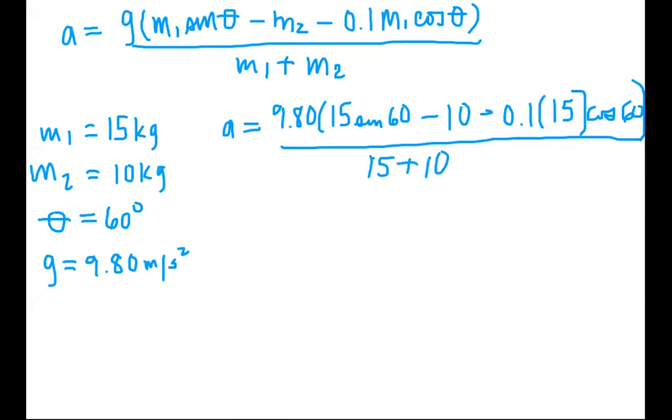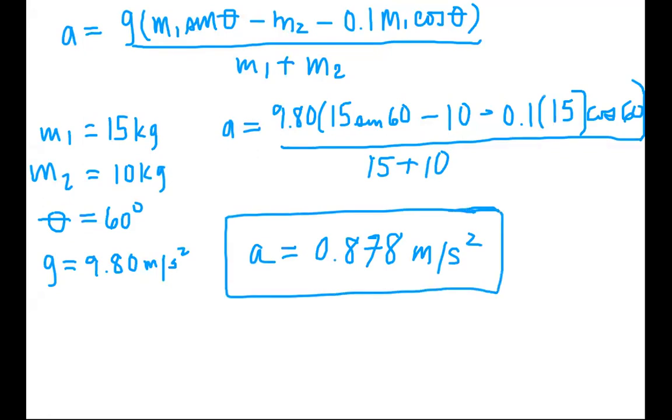I just plugged the values into the variables from the equation before. If you put that all into a calculator, you get an acceleration of 0.878 meters per second squared, and that will be your final answer.